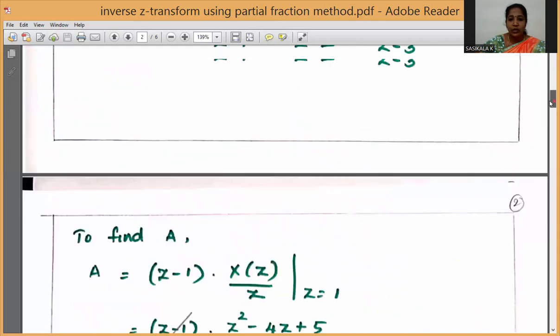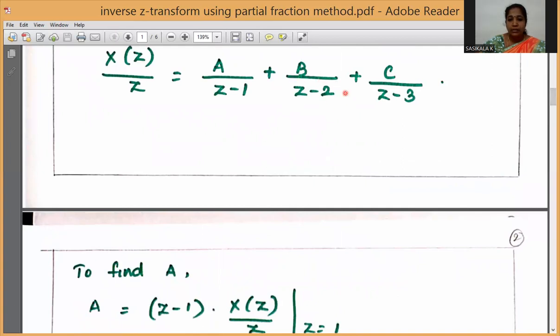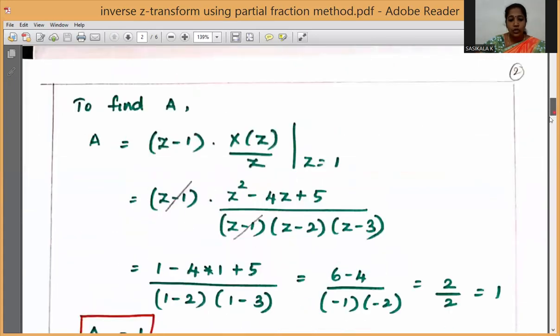To find B, the denominator of B is z − 2. So I have to multiply (z − 2) by X(z)/z and substitute z = 2.